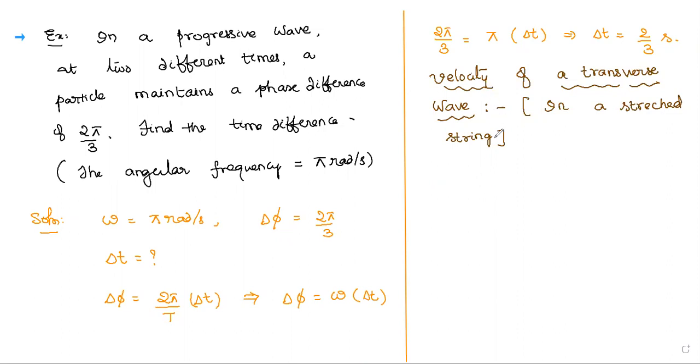This concept is there for both mains, advanced, and IP, for all types. This is there in the IP 8 marks question also for board exams, a long answer question. So try to focus on it: velocity, and then how to get the frequencies in the stretched string, all together.